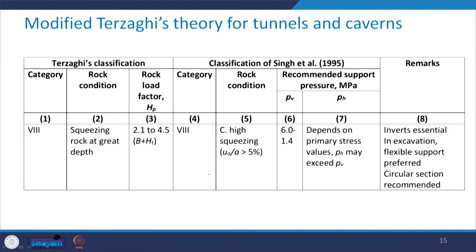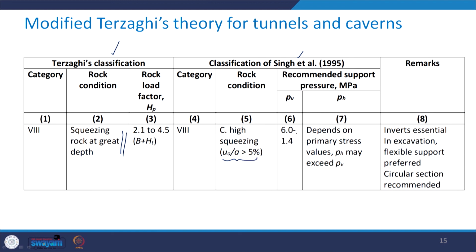Then if you have the squeezing rock at great depth, that is as per Terzaghi's classification system. But when you come to the classification system of Singh et al., they have categorized this as high squeezing, where UA upon A is greater than 5%.